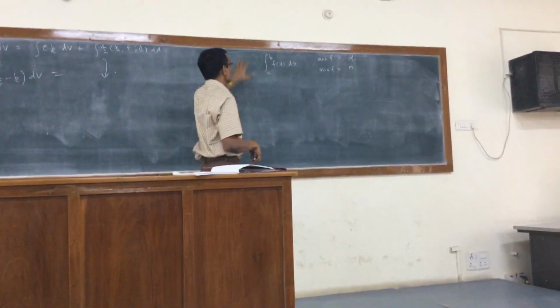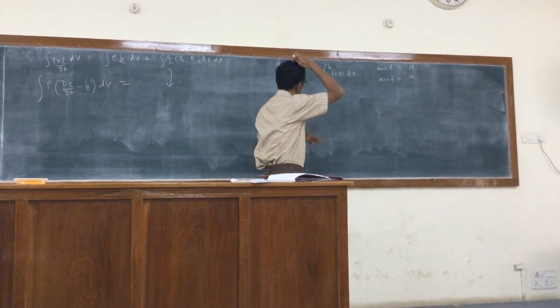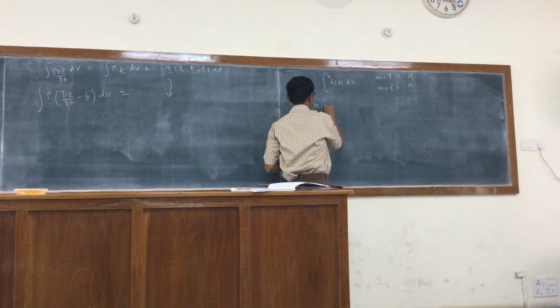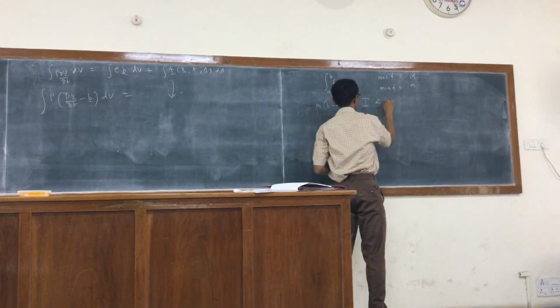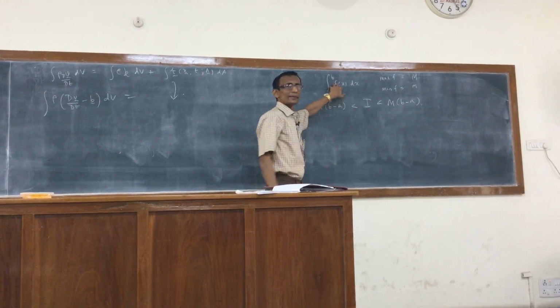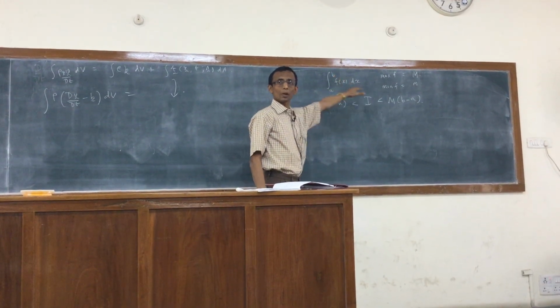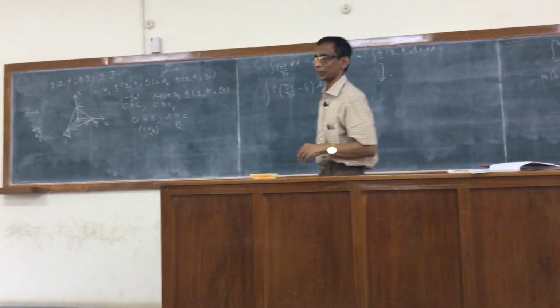Certainly, I can place a lower bound and upper bound on the integral in the following way. Because if the function has the minimum value at all points, then the integral would be given by small m times b minus a.